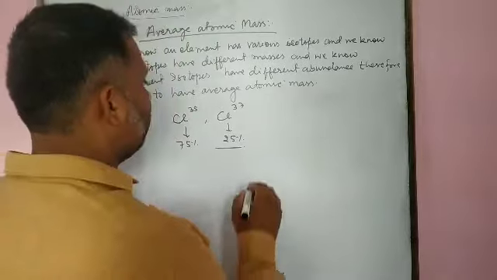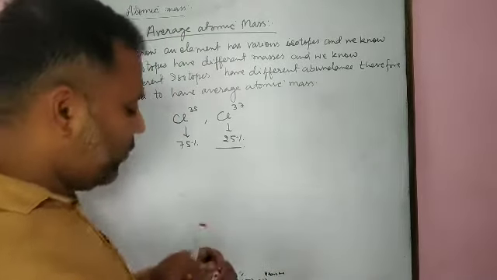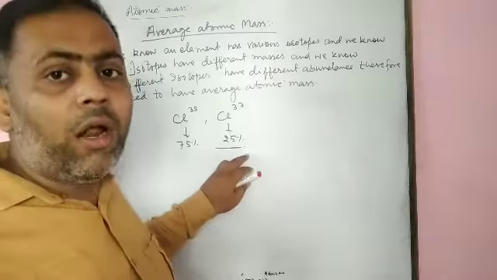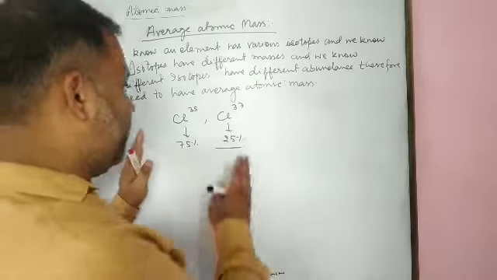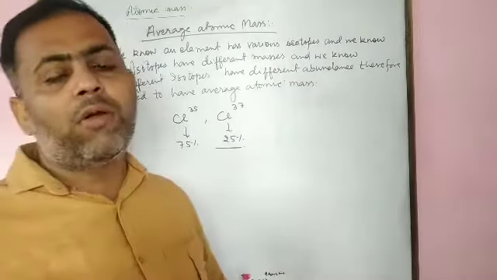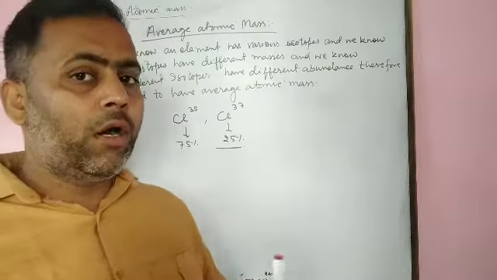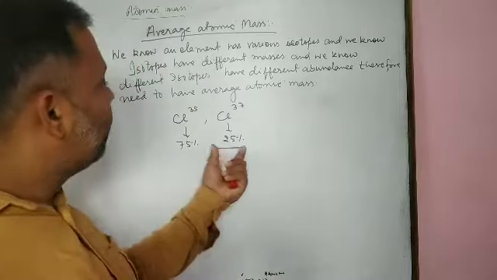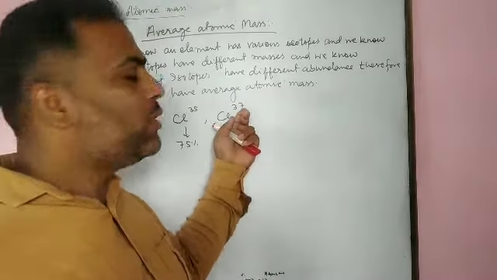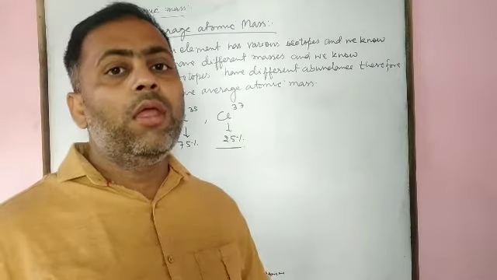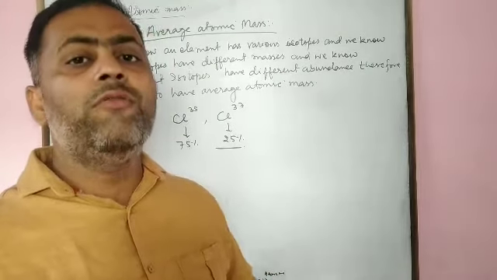In order to calculate the average atomic mass, we know the percentage is out of 100. That means, by percentage consideration, we are going to consider 100 atoms. If we have 100 atoms, in which 25 atoms of chlorine 37 are there and 75 atoms of chlorine 35 are there, in order to calculate their average, what do we do?